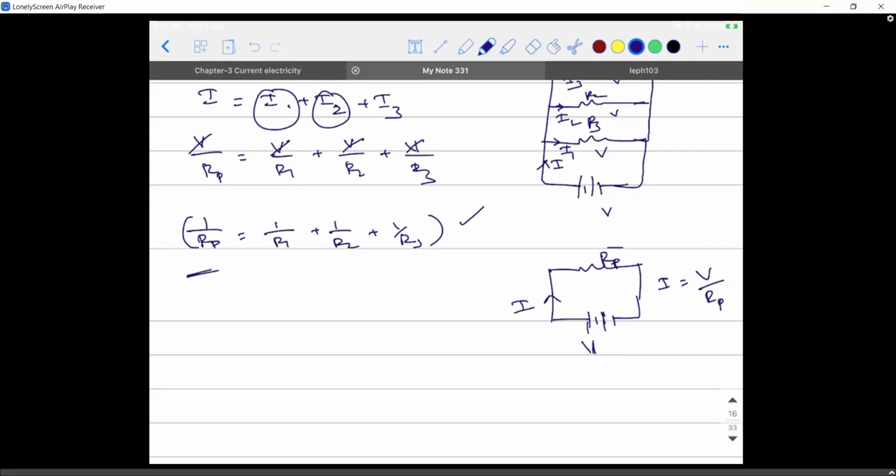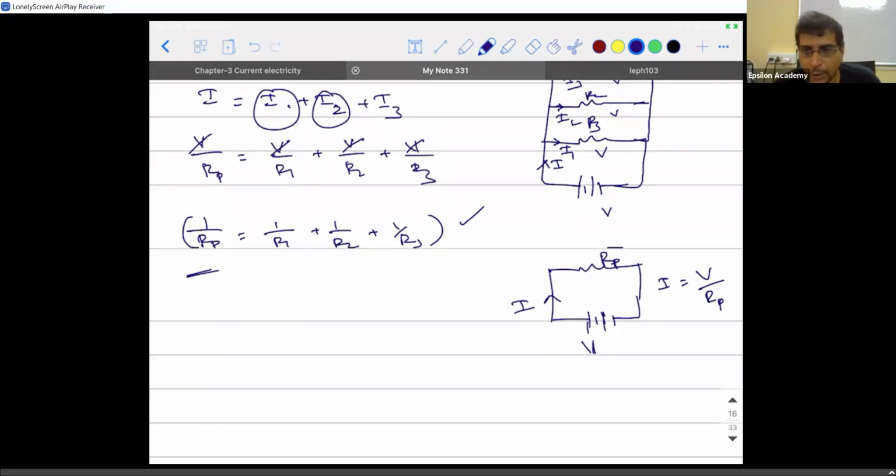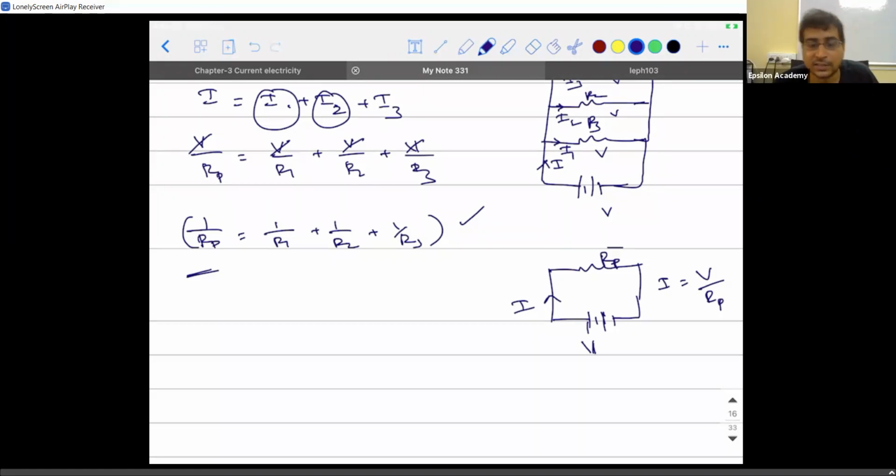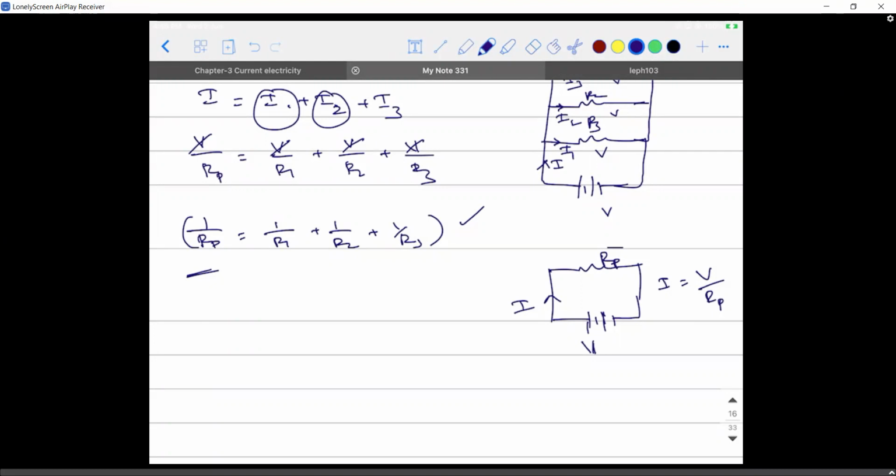If I give you a 1 ohm, 2 ohm and a 3 ohm resistor in your hand and ask you to connect them in parallel, the total resistance will be less than the sum of all the three resistances. It will be less than the least value of the resistances. So what was the least value out of 1, 2 and 3? 1. You will get a value less than 1.